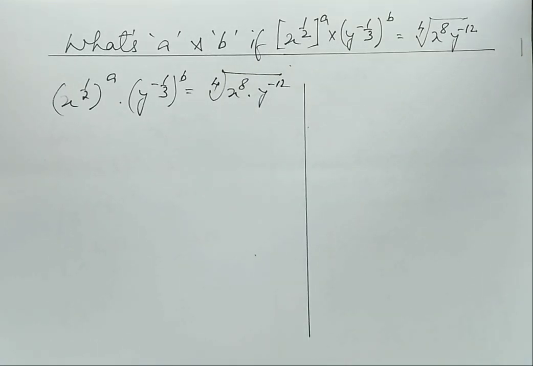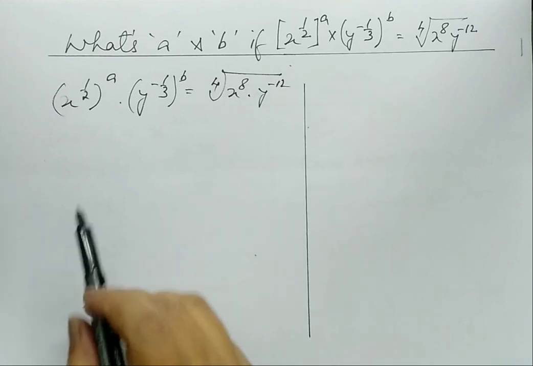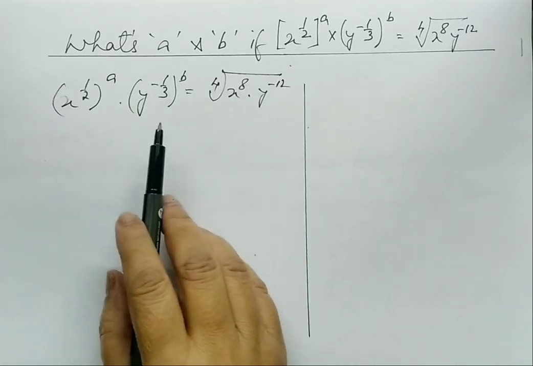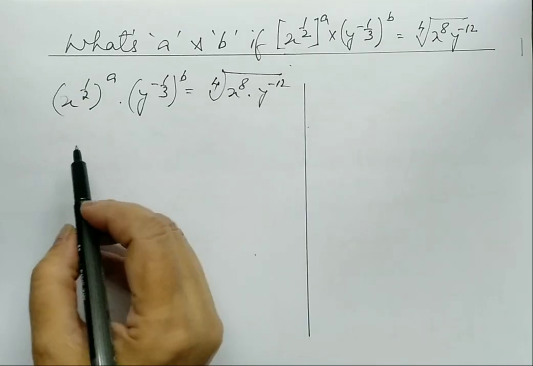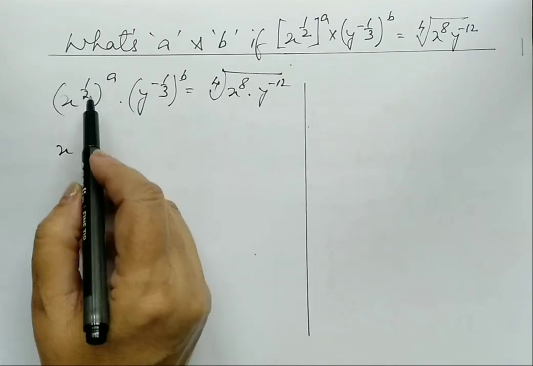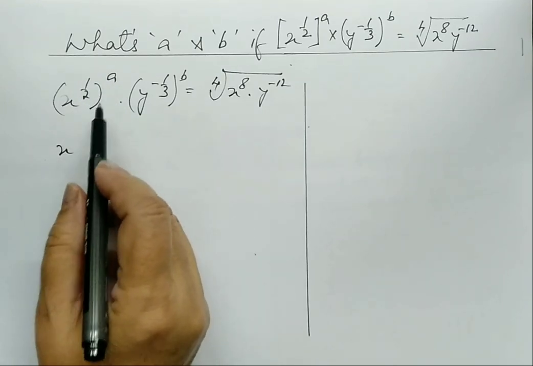Alright guys, so what do you think should be our first step? What should be exactly our approach? Yes, I feel that we should be going by breaking up this bracket.